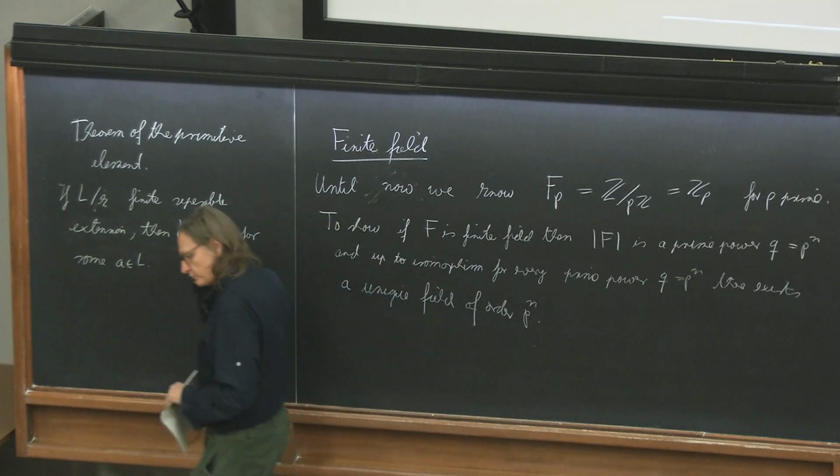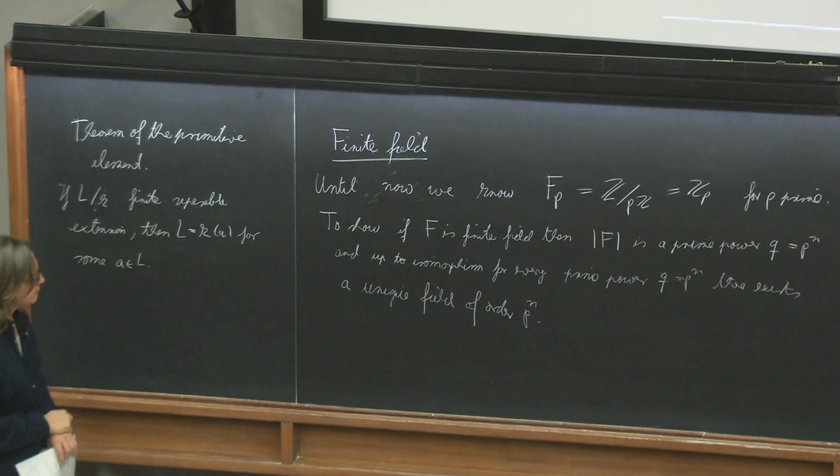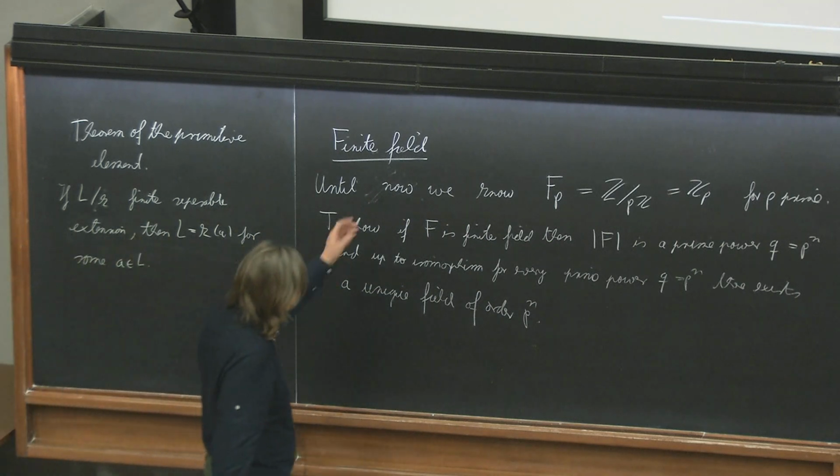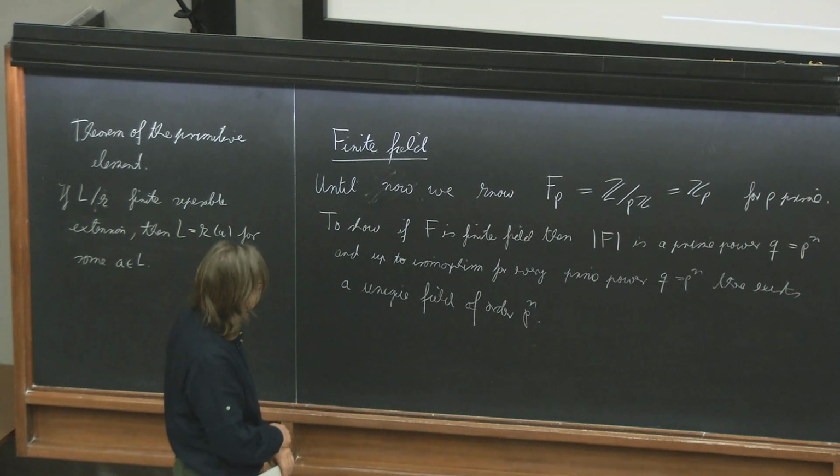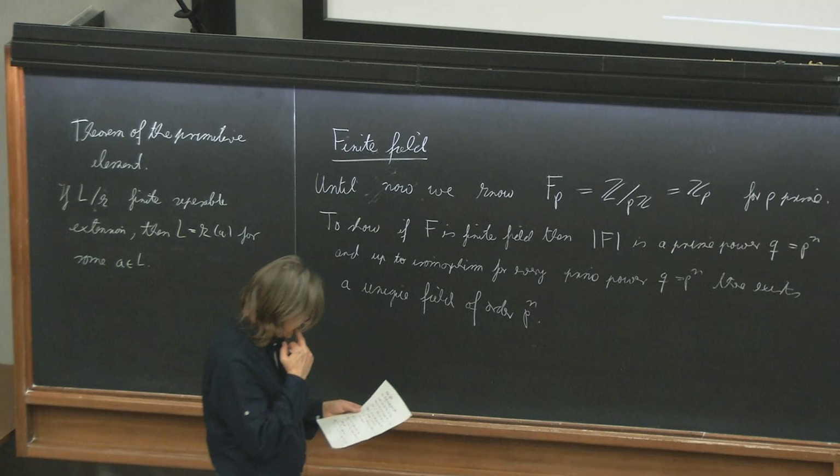Now, I'm not quite sure, but it is possible that one can prove that such finite fields only exist for prime powers. At any rate, that might be the case, but I give a different proof.